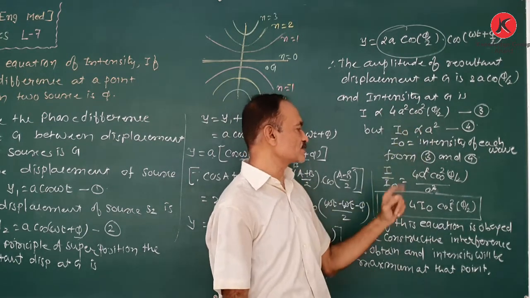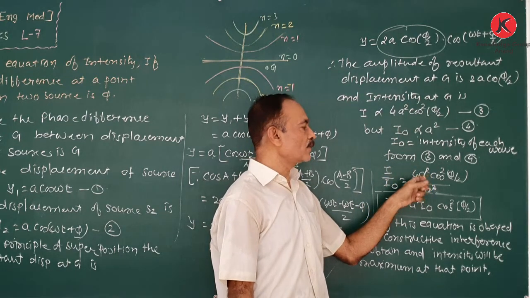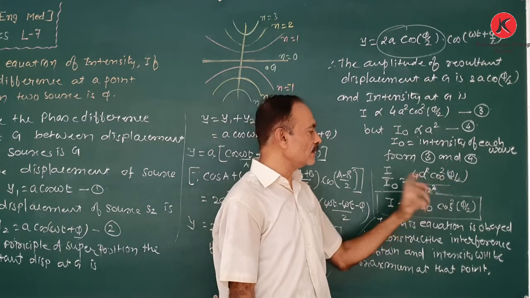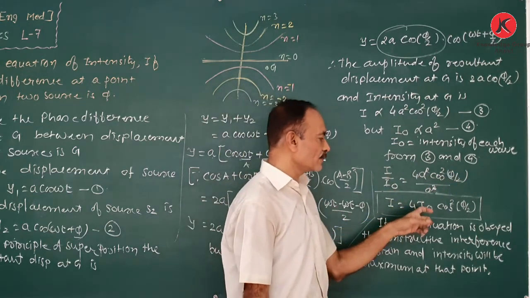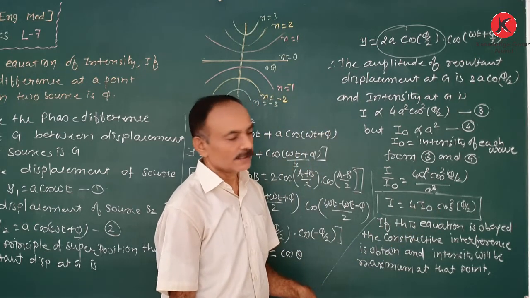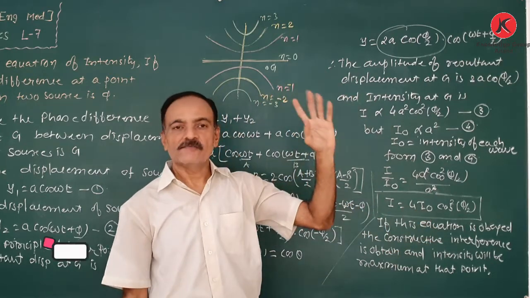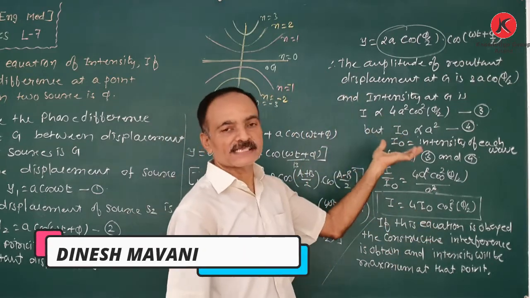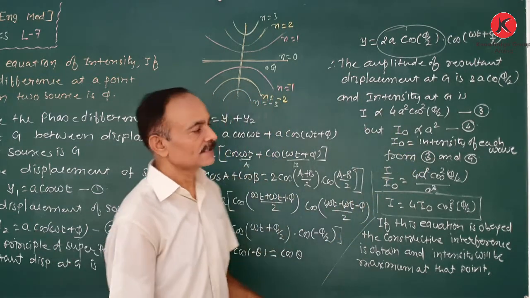Taking the ratio of these two equations, 3 and 4, I upon I0 is equal to 4A square cos square phi by 2 upon A square, which cancels. Therefore, I is equal to 4I0 cos square phi by 2. If this equation is satisfied, then at point G we obtain the maximum intensity, that means constructive interference is formed.